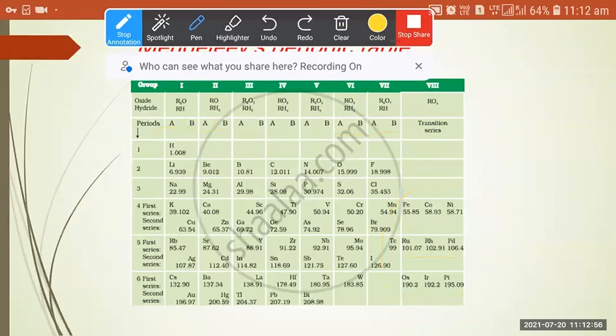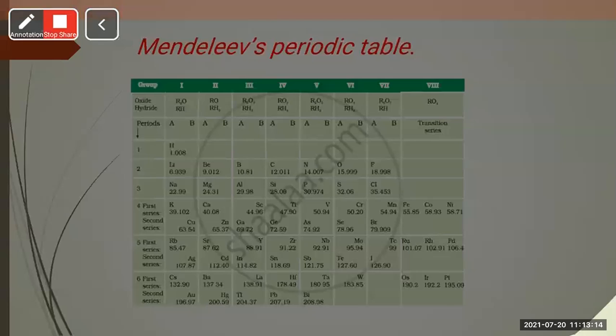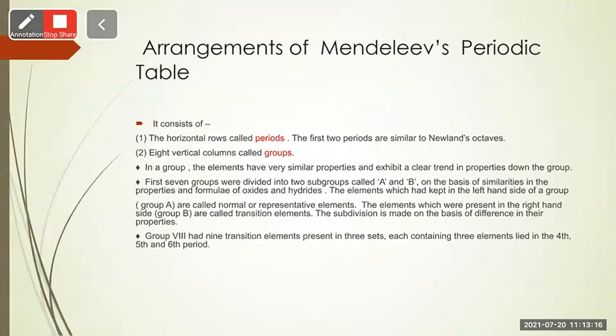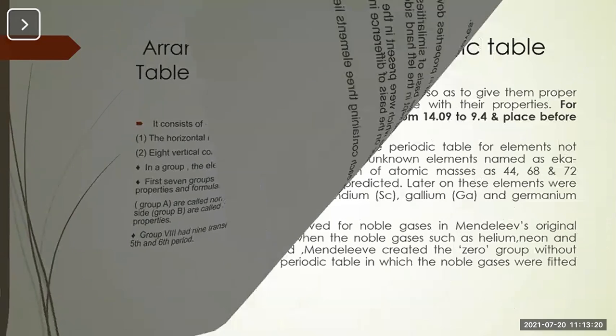And the 8th group had the 9 transition elements, which were placed in sets in the fourth, fifth, and sixth periods. So this is how the elements were arranged in the periodic table.